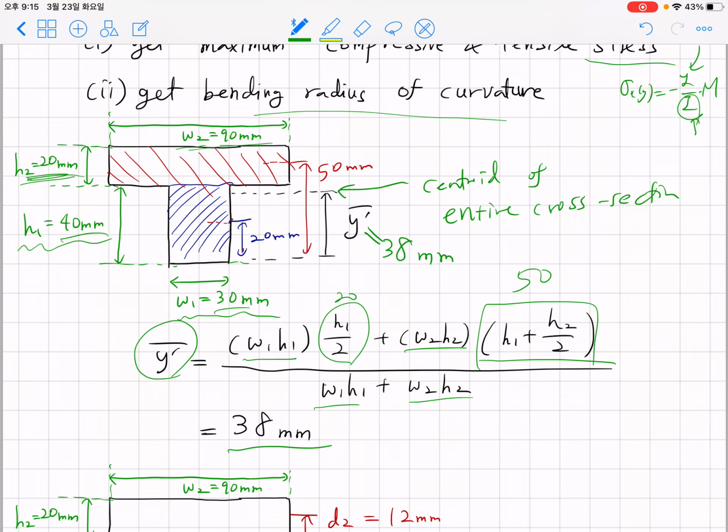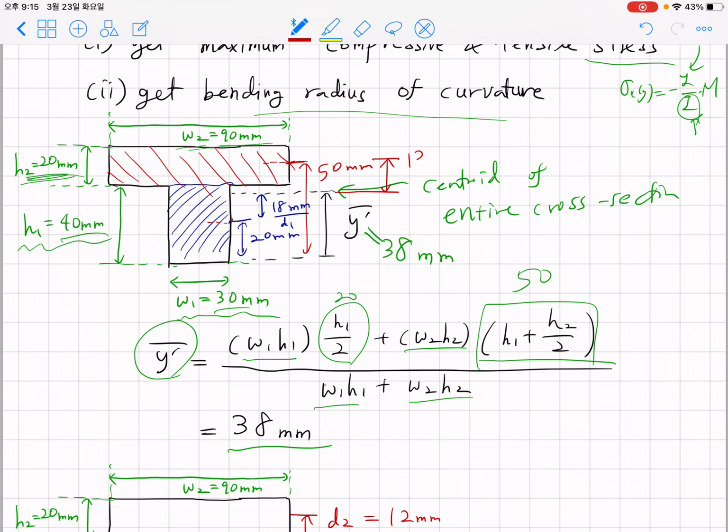Having obtained that this is 38 millimeter, it's quite easy to obtain D1 and D2. You can see that D1 is 18 millimeter. This is D1. You can obtain D2, the distance from the centroid to the centroid of the red one.